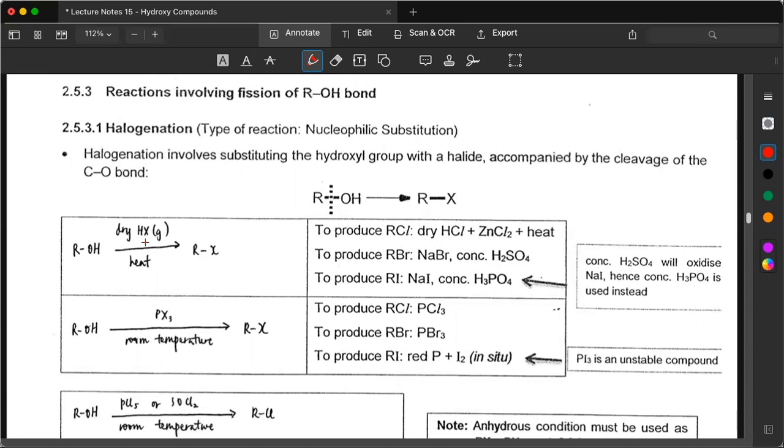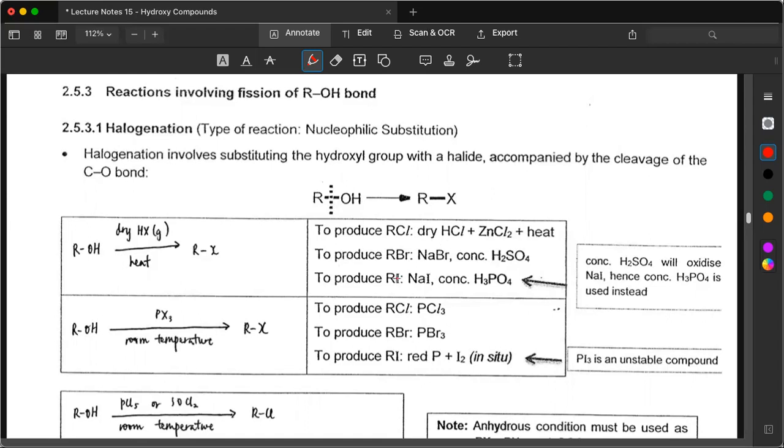It's possible also. So to produce RCl, we will use dry HCl and zinc chloride and heat. For RBr, we use sodium bromide in concentrated sulfuric acid.